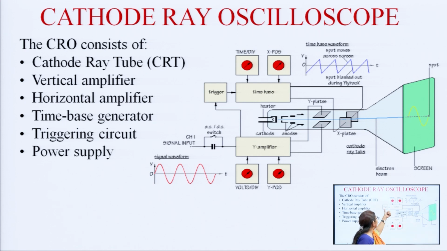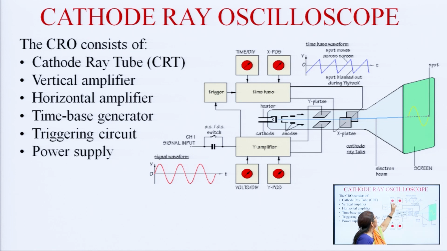When the signal triggers the time base generator circuit, it starts generating the time base waveform, which is known as the sawtooth waveform, because its shape is like the teeth of a saw. This voltage is fed to the horizontal deflection plates, which control the movement of electrons in the x direction, and they are placed vertically.